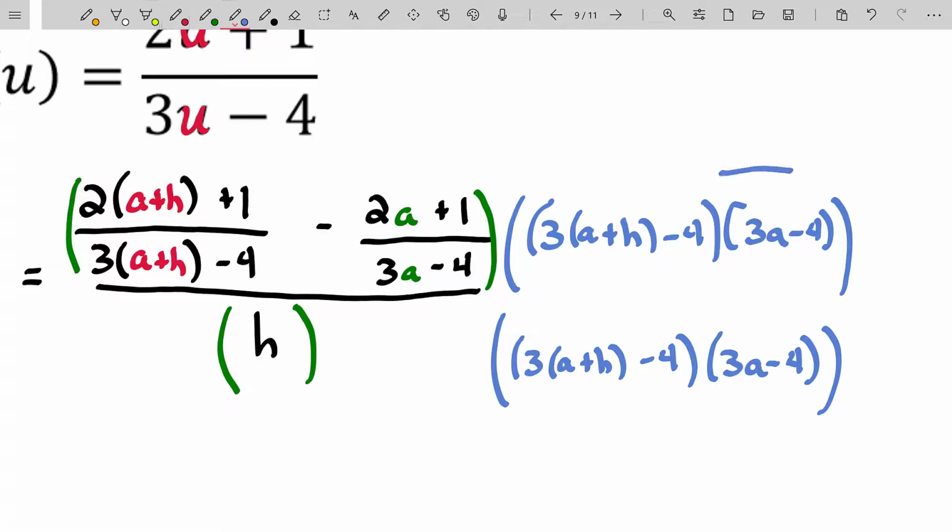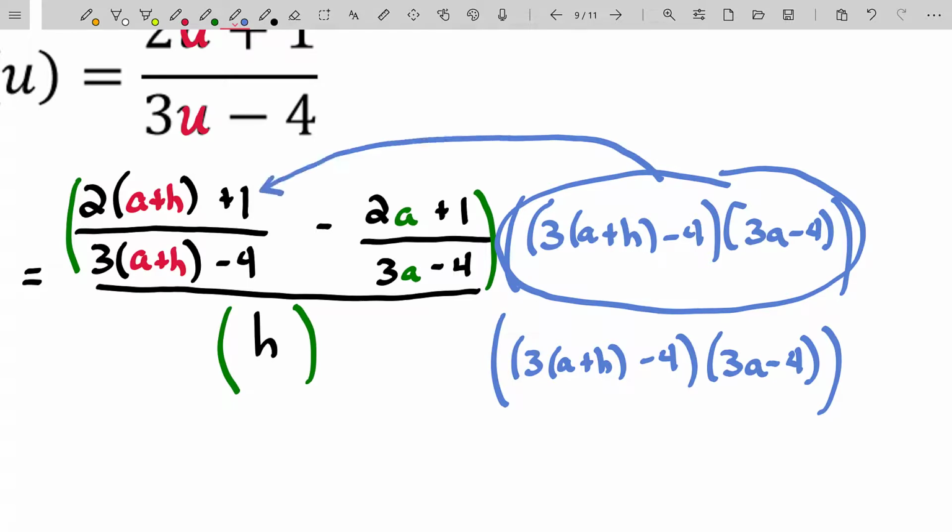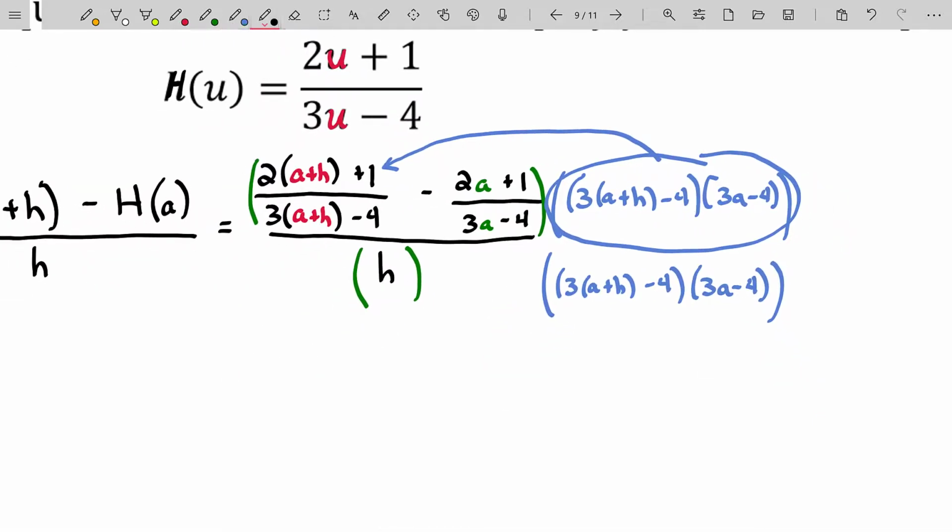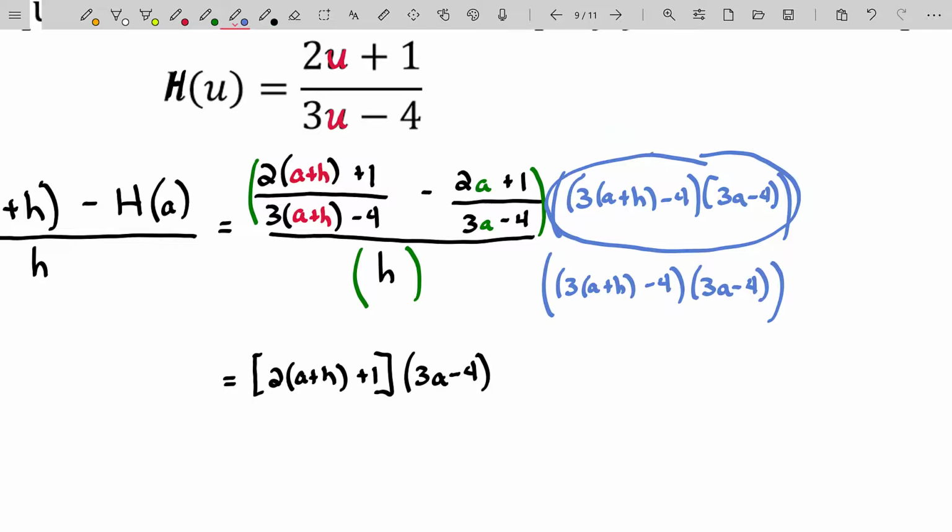When I distribute this LCD through the numerator, the 3 times the quantity a plus h minus 4s cancel in that first term, and you're left with a beautiful 2 times the quantity (a plus h) plus 1 times the quantity (3a minus 4). Take that same factor and distribute it to the 2a plus 1, the second term, and you'll see the 3a minus 4s will cancel.